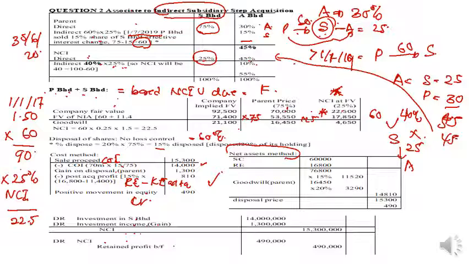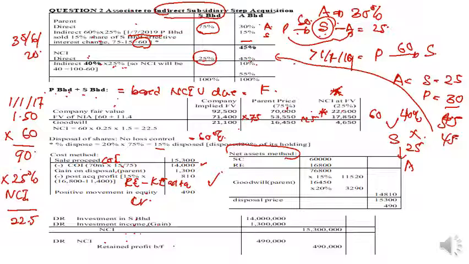So this one, on 1st of July 2019, is still included in the year 2020 financial statements. So after the disposal on 1st of July 2019, you sold 50%. Now the holding in S here is only 60%. After 1st of July 2019, P only controls 60% in S.